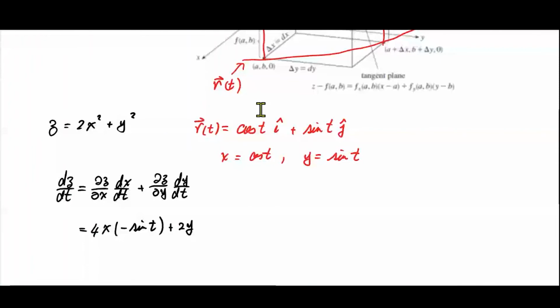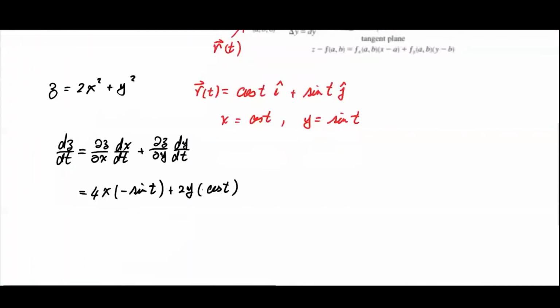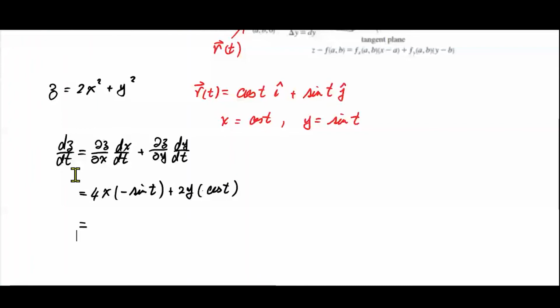Now having said that, this makes no sense, right? Because you have x, y, and t mixed up. So how do we simplify this? Remember, x is this and y is this, so you substitute. So you have negative 4 cosine t sine t plus 2, and y is sine t, and then cosine t.